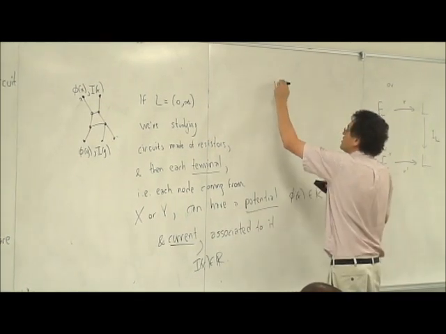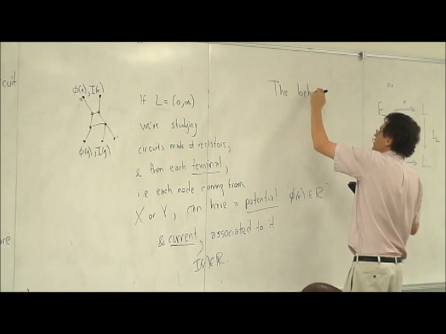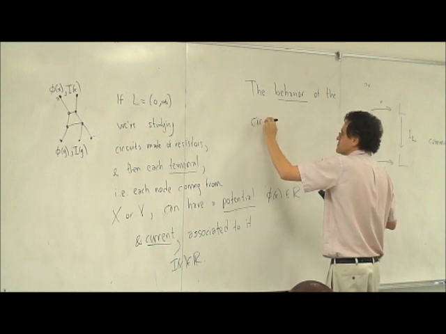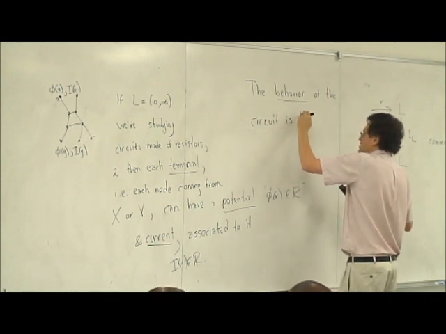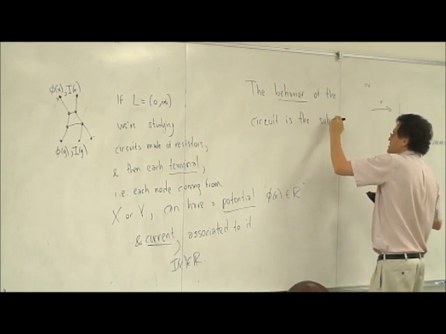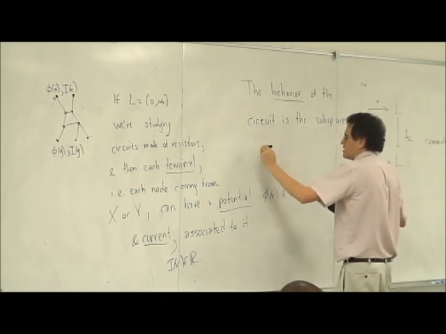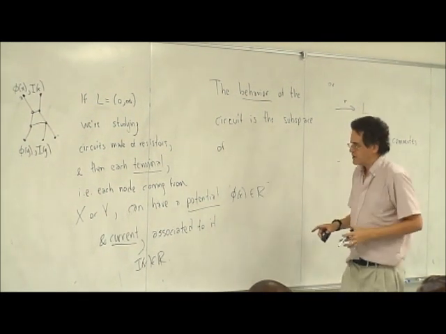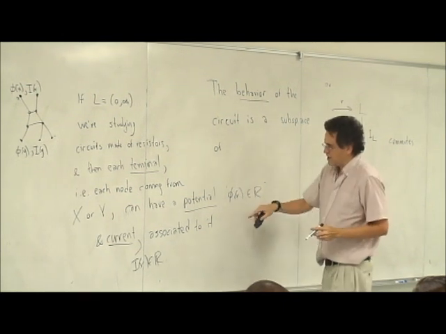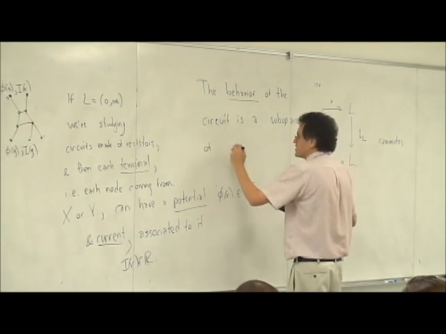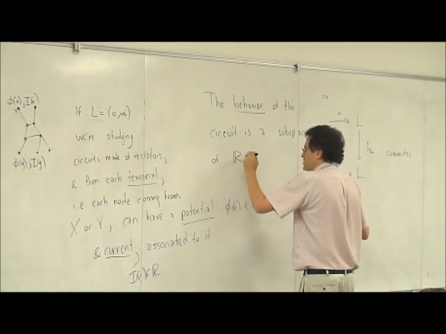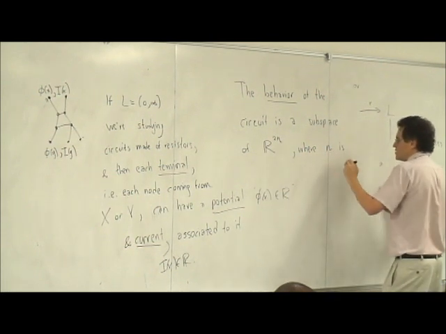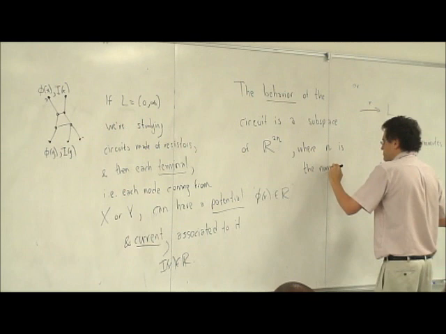So the behavior of the circuit is the subspace of allowed pairs. It's a subspace of R to the 2n, where n is the number of terminals.